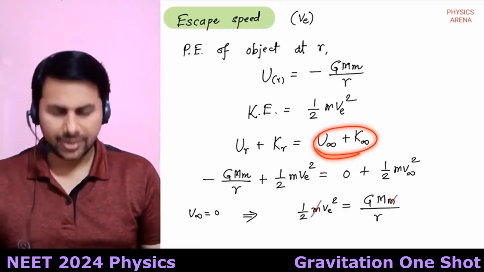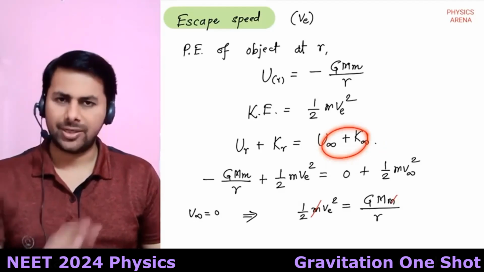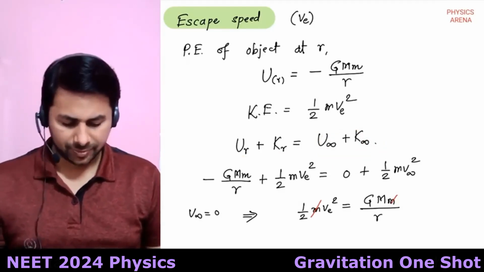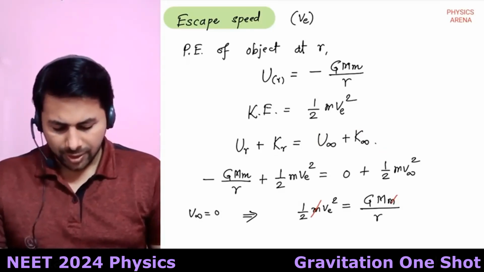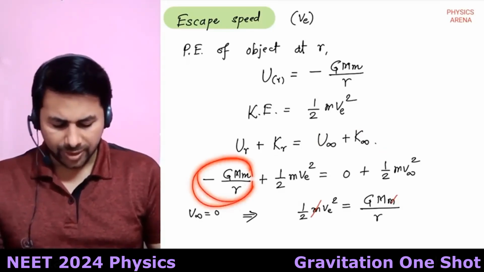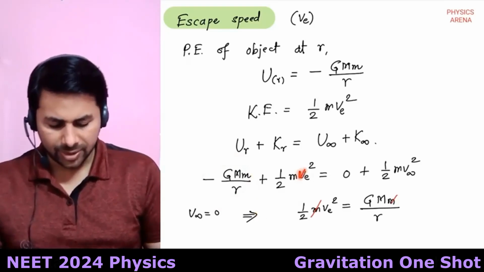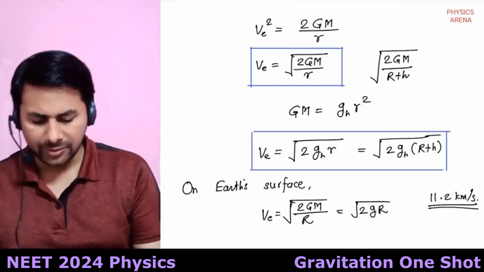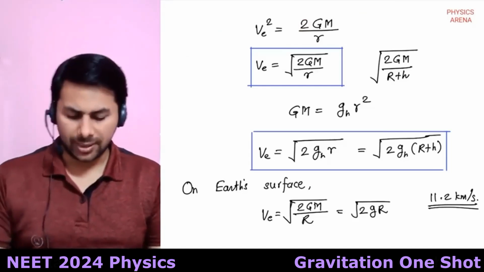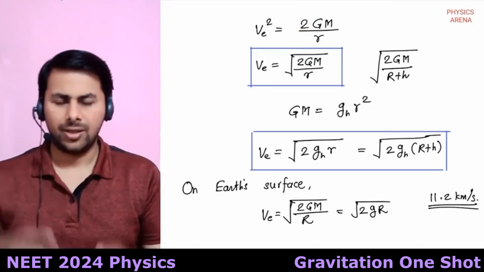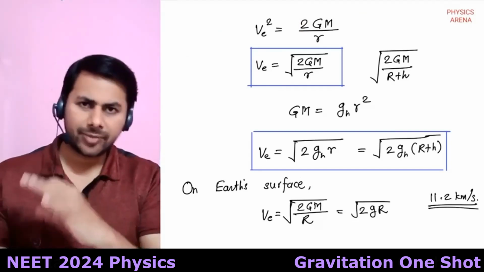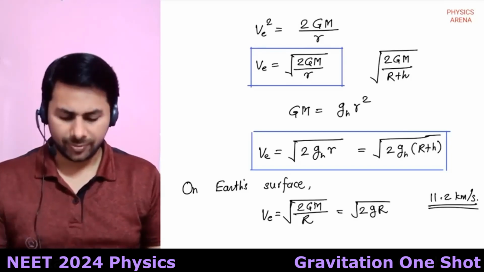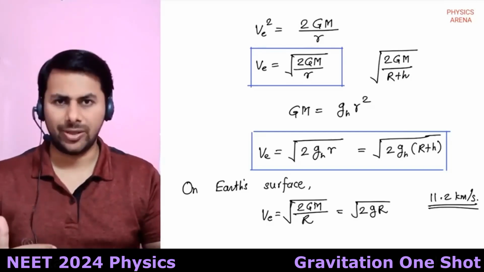So the total energy of the object at infinity is equal to 0, and it is the sum of potential energy and kinetic energy. So then we can move this term to the other side, and we can find this v. We find v square will be equal to 2 times GM upon r. That means v, the velocity with which that object must be thrown from distance r from the center of the earth such that it goes to infinity.